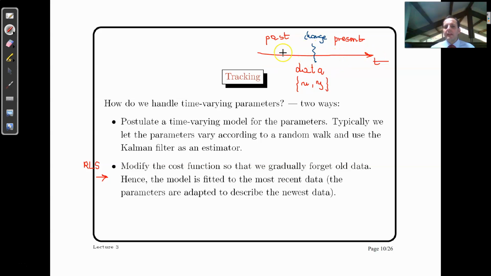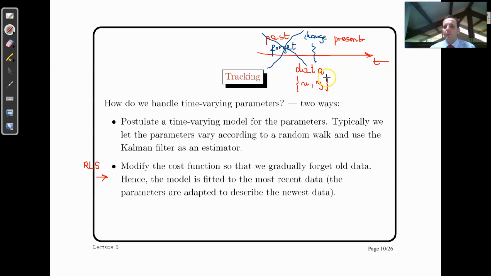And so it means that the past data you need to forget, because they are, due to the change, no longer representative of the current situation, the most recent.